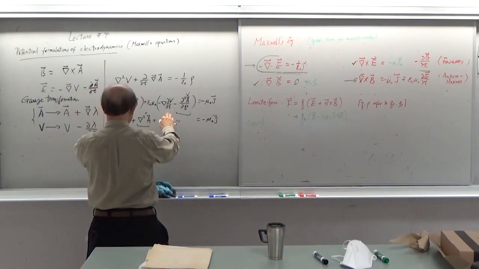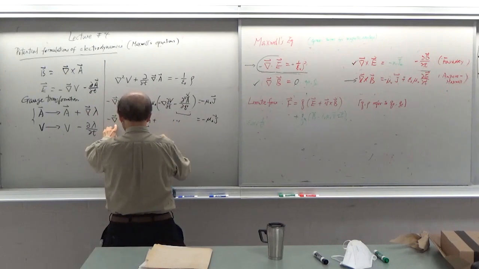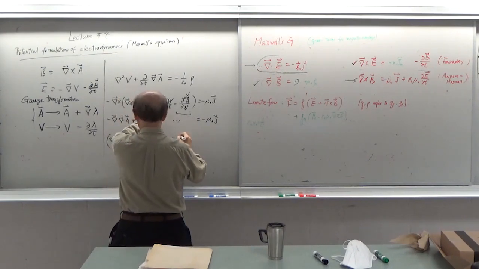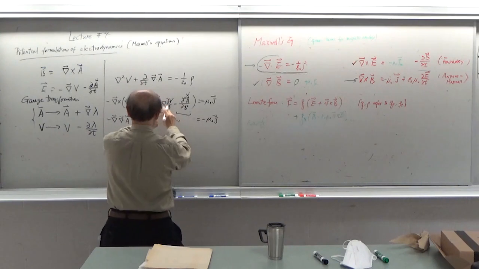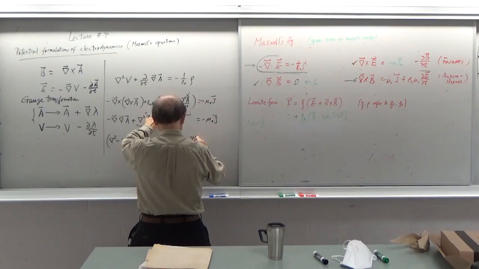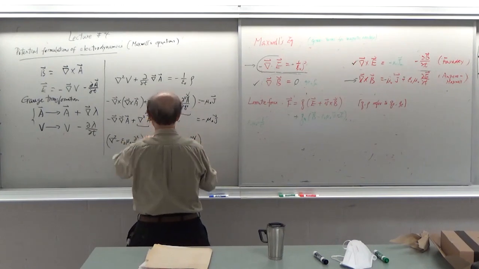Then these two terms would be minus grad of divergence of A, and taking the gradient out, plus epsilon naught mu naught del V by del t.